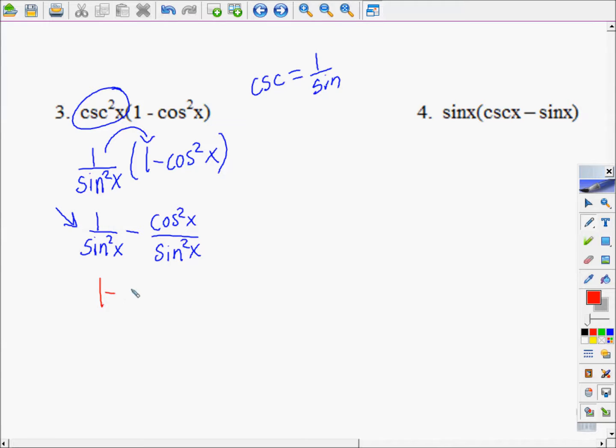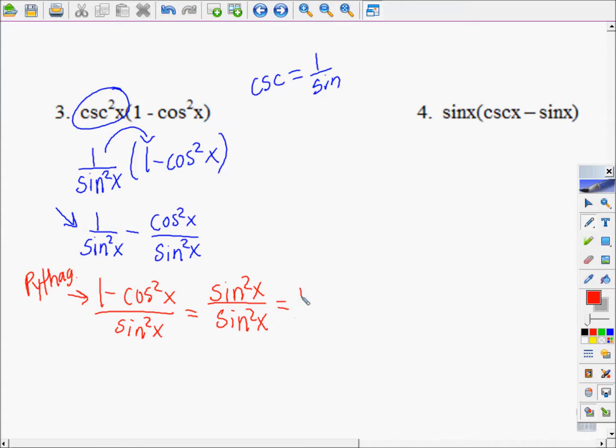So now I have 1 minus cosine squared x over sine squared x. And what is 1 minus cosine squared x? I'm going to use my Pythagorean identities, right? Which Pythagorean identity does this match? It's sine squared plus cosine squared equals 1. And did we not manipulate it to get something equal to this? What do we get equal to that? Sine squared of x. So I have sine squared of x over sine squared of x. So therefore my answer is 1.